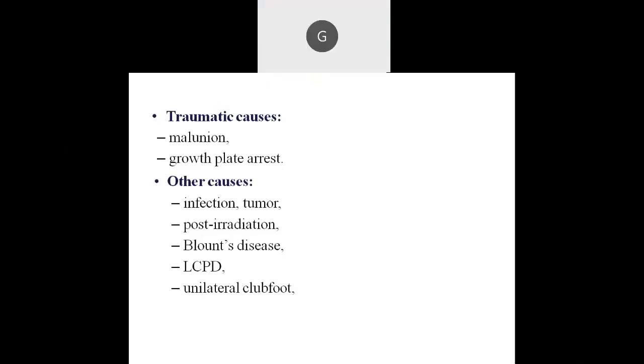Yes, sir. So epiphysis, that is called growth plate. So when there is arrest or cessation, when the growth plate will cease, then definitely that bone length will not be increased. So definitely you will find shortening. Yes or no? Yes, sir.